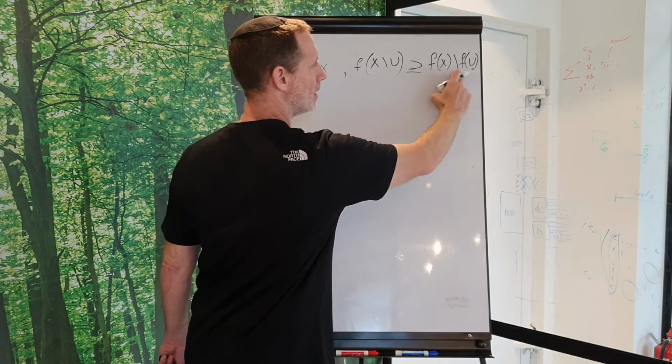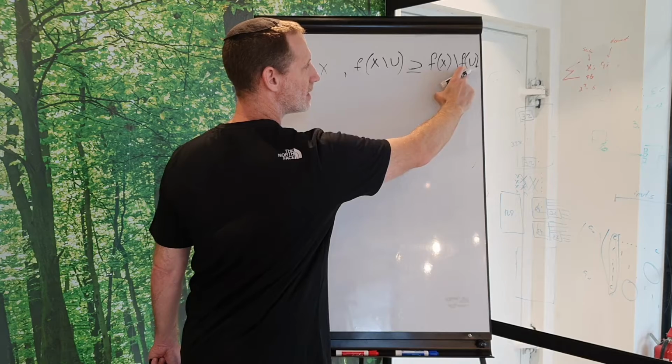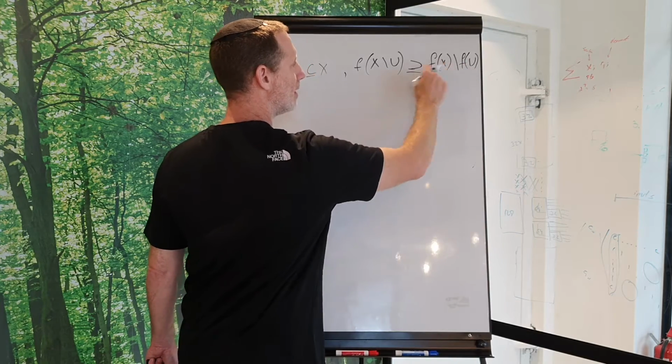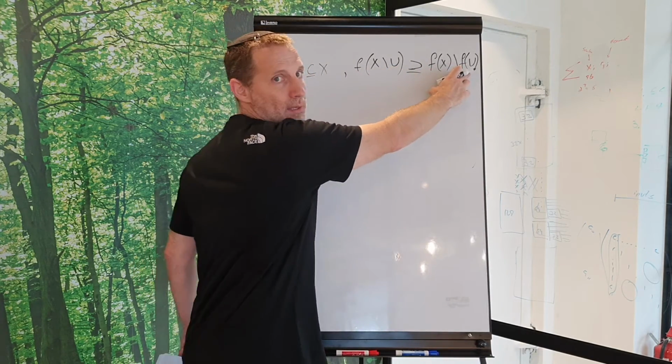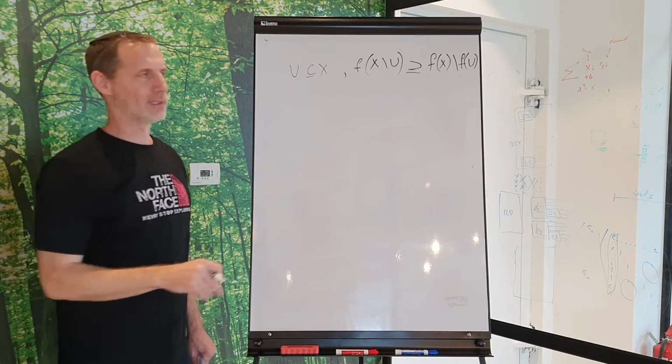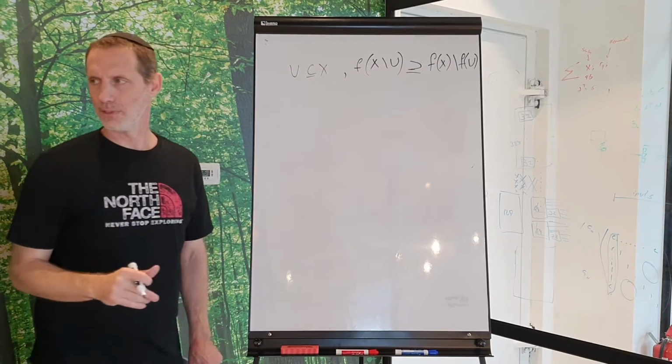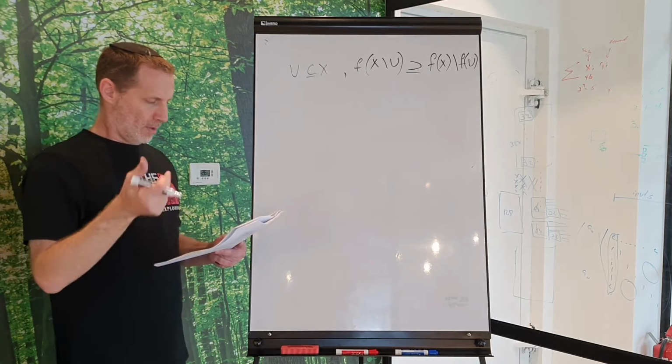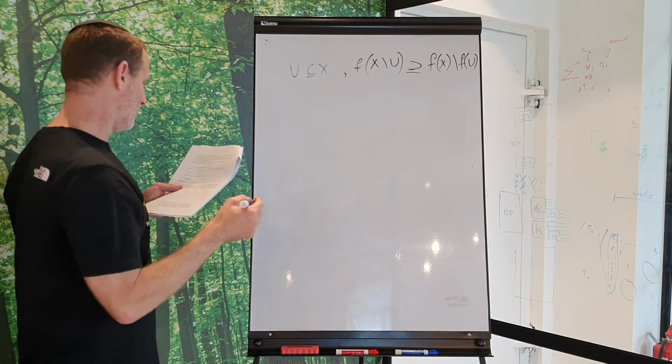But when I do this, this necessarily takes every y that's in the image of U, and it removes it. So it can still exist here, but it won't exist here.